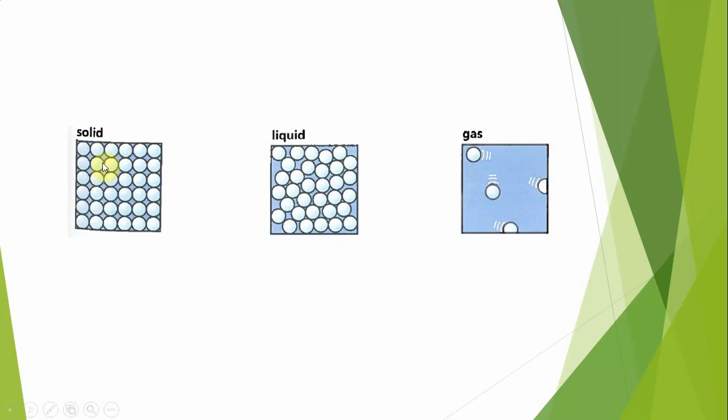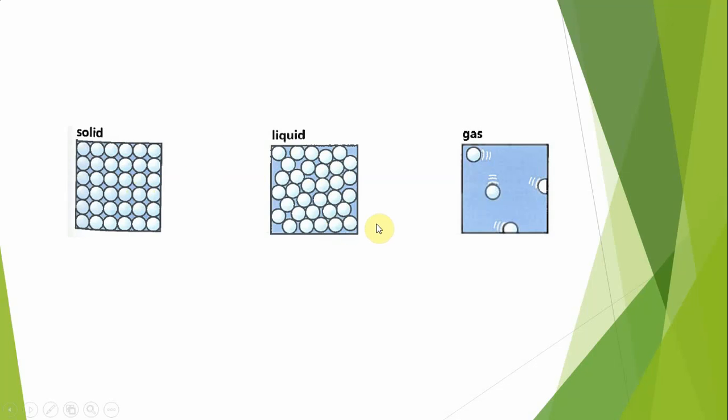As you see here, the spaces between the solid particles are very small, but in the liquid you have more spaces, and in the gas, the spaces between the particles are extremely large. So when you heat a solid or a liquid or a gas, the three of them will expand, but the gases will expand more than the liquid, and the liquid will expand more than the solid.